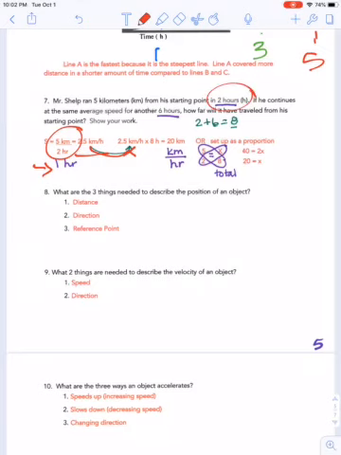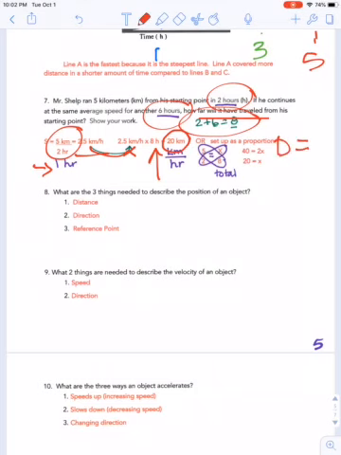Now, we need to apply that rate right there to how many hours he is running total. We have 2 hours here and 6 hours here. So a total of 8 hours. Mr. Shelp is running for 8 hours. He is very tired. So 2.5 kilometers per hour times 8 hours gives us 20 kilometers. That is how far he will have traveled. That is distance.